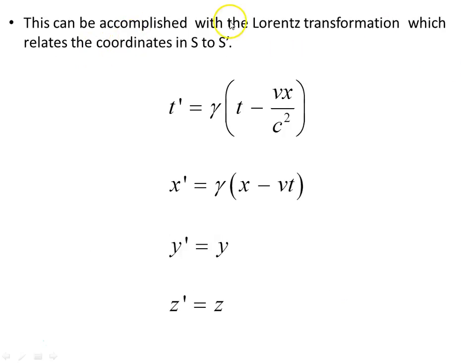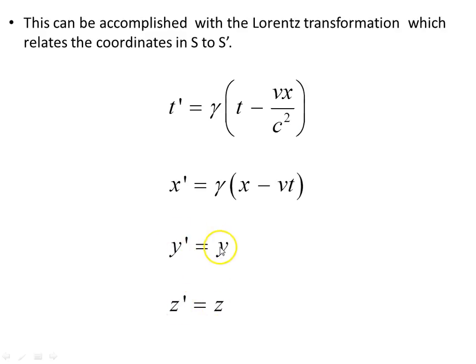Now, this can be accomplished with the Lorentz transformation. I'm not going to go into the algebra here to achieve this, but the end result is the following transformations for two frames in standard configuration. So t prime will be gamma, this is the Lorentz factor, times t minus vx on c squared, where v is the velocity of the relative motion of the two frames. x prime will be gamma times x minus vt. y prime equals y, z prime equals z.